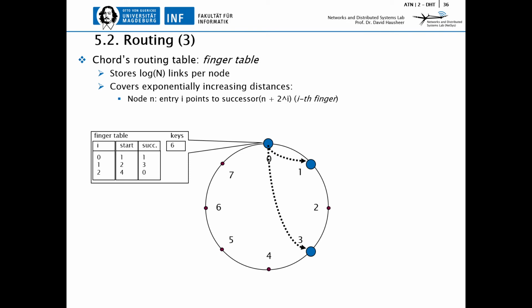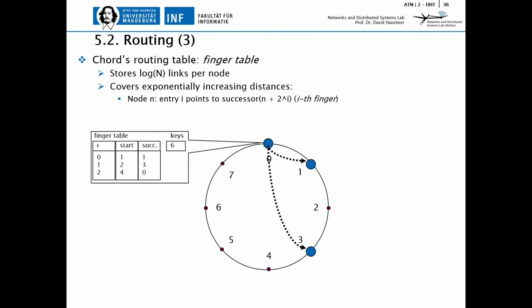Basically, every node stores such a table, which contains log n links to other nodes, n being the number of nodes in the network. Those links cover exponentially increasing distances.